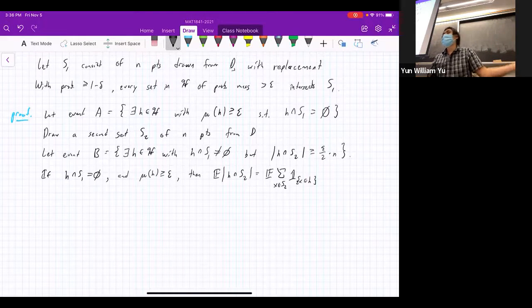But these are all independent indicator functions, since we're drawing all these points independently from this probability distribution. And for any one point, the chance that you're going to draw it is, well, epsilon, right? Or at least epsilon. So this entire thing is going to be greater than or equal to n epsilon. Because the expectation of an indicator variable is just the probability that it's set to 1. That indicator variable is set to 1 when you draw something from H, and the probability of drawing something from H is at least epsilon. And you're doing this n times, and so the expectation is greater than or equal to n epsilon.